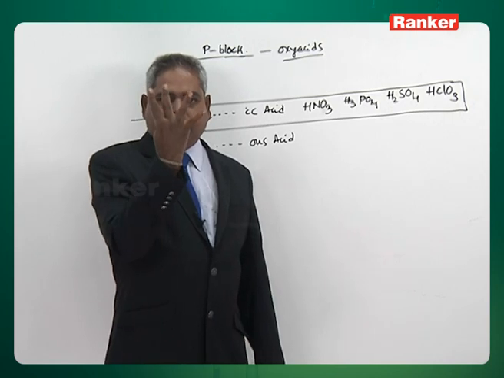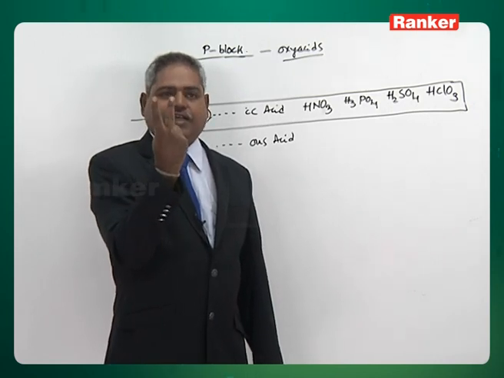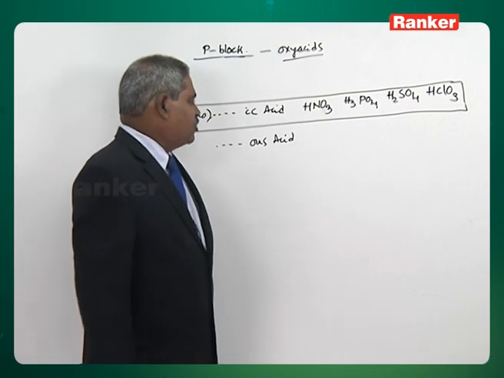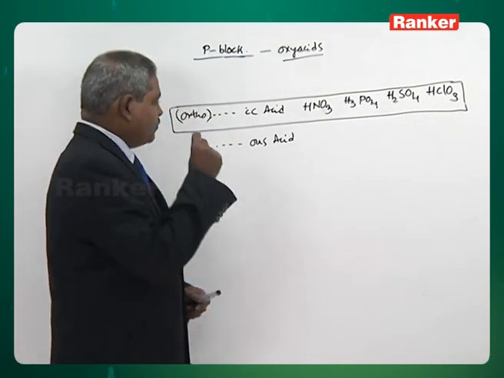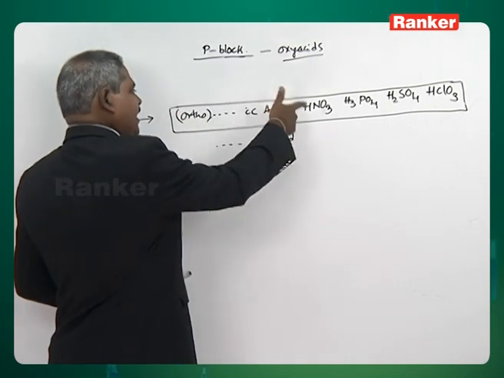Stannic is ic, 4; us, stannous, plus 2. So it's no big deal. Us means less. What is less? Us means one oxygen less than ic acid.